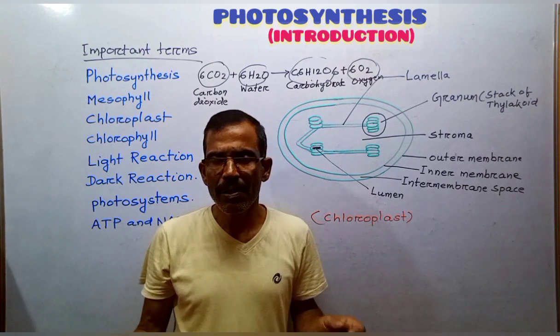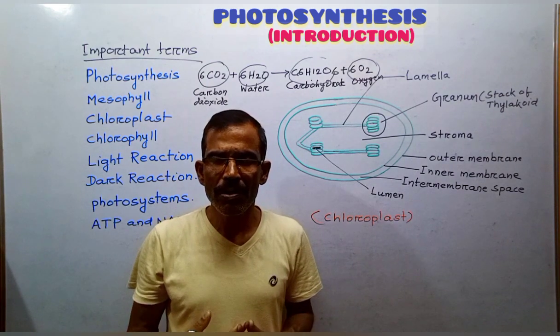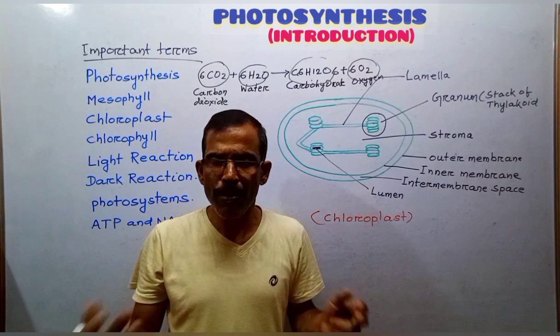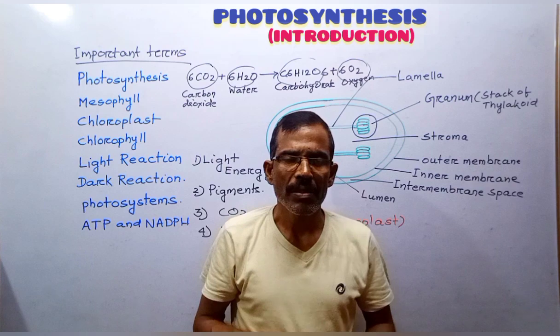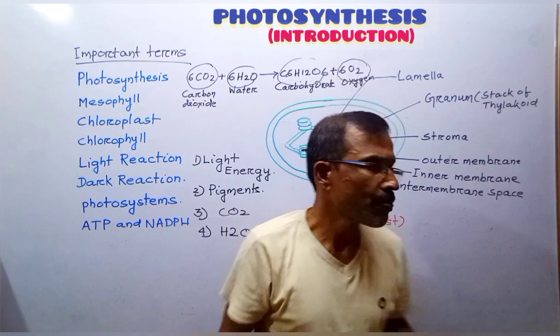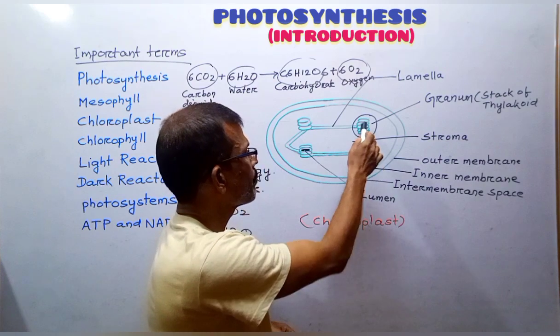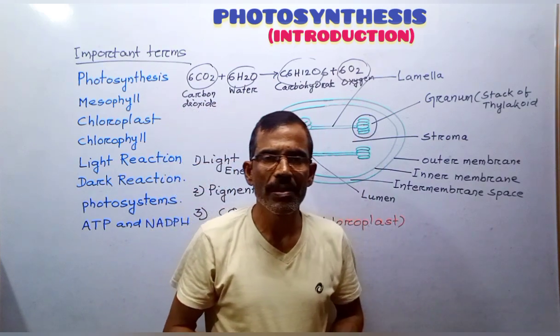Light reaction is also known as thylakoid reaction because the process takes place in the thylakoid. The light reactions of photosynthesis take place in the specialized internal membranes of the chloroplast called thylakoids.